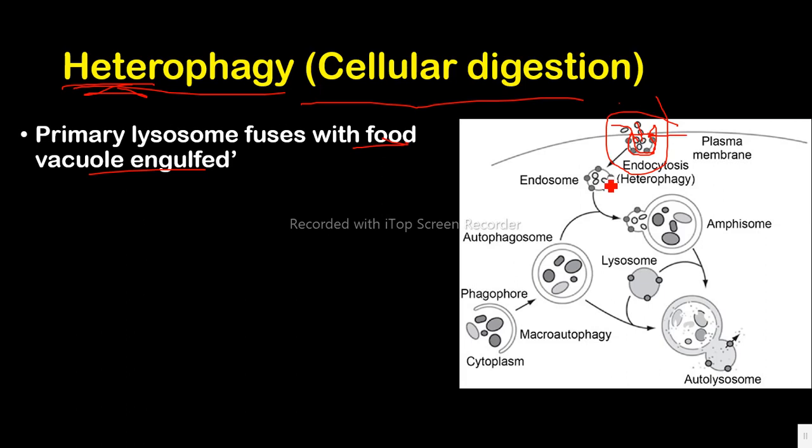Now after you have formed this phagocytic vesicle, the primary lysosome, which has those lytic enzymes, will come and fuse with our phagocytic vesicle to release those enzymes. The enzymes will break down this food, so you form a secondary lysosome, and the enzymes break down the food into small soluble products that can now be absorbed into the cytoplasm.